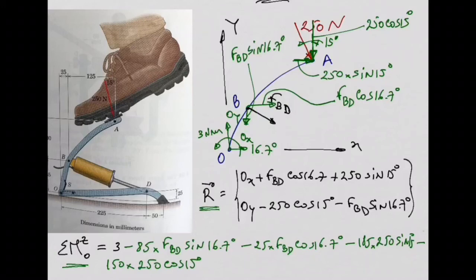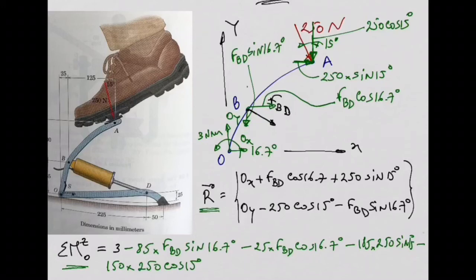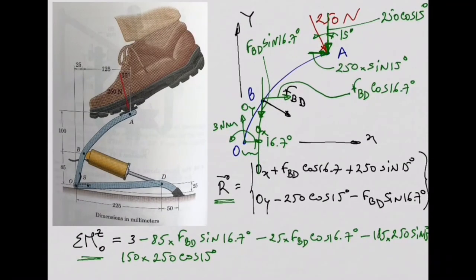This component, the moment about A: this is the line of the force, right? The distance you need to consider is this one, you agree? Which is 25. Okay, good.